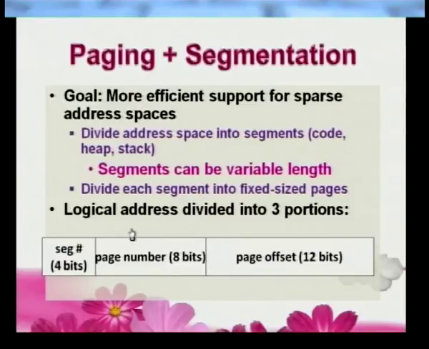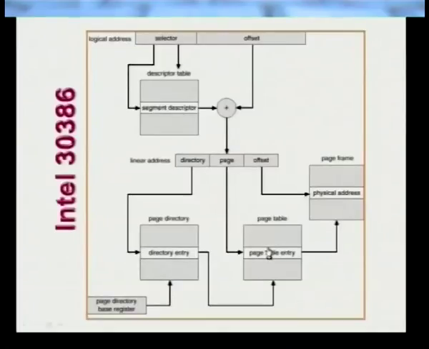In this combined scheme, the logical address is divided into 3 portions: segment number, page number and page offset. This is how the mechanism would work. The logical address generated has the segment number and page number as a combined area and the offset as another area.